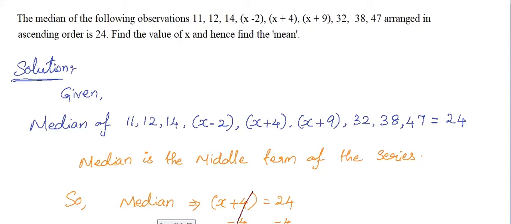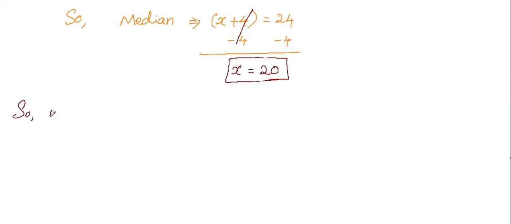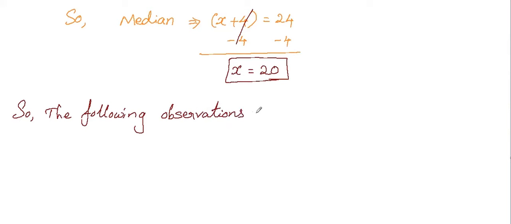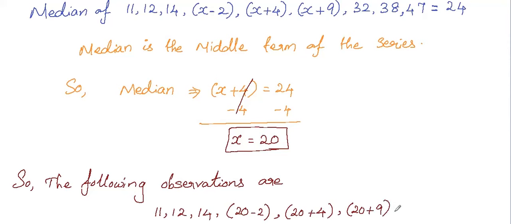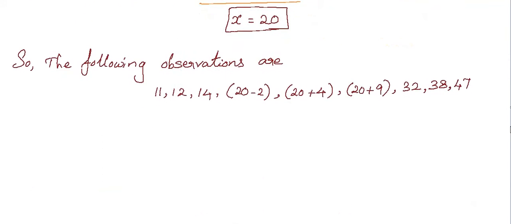Now find the mean. Before that, just substitute x equals 20 in the given observations. So the observations become 11, 12, 14 and x minus 2, 20 minus 2, and x plus 4, 20 plus 4, and x plus 9, which is 20 plus 9, then 32, 38 and 47.